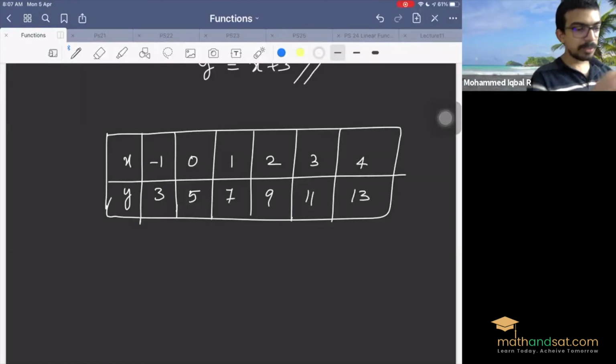Can you tell me what is the relationship between X and Y in this case?